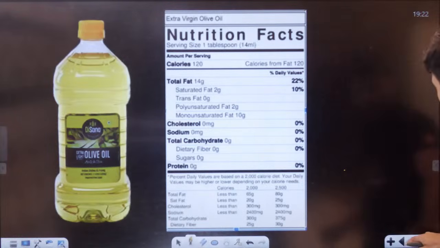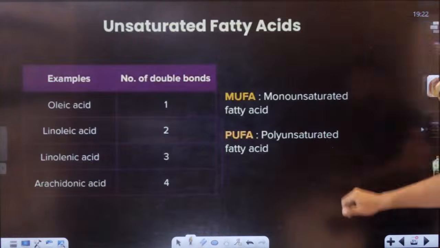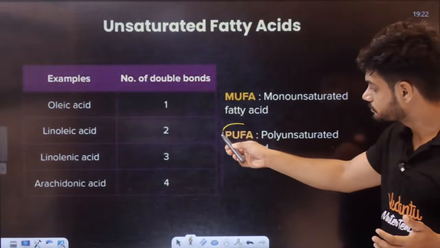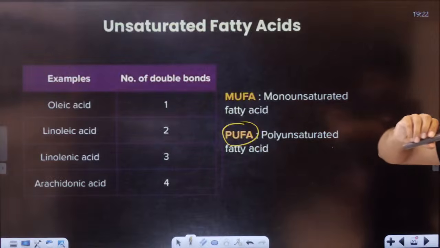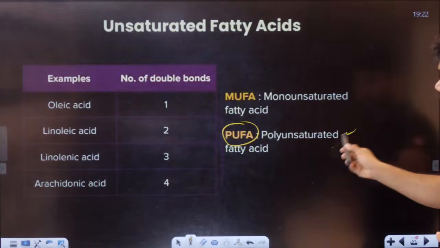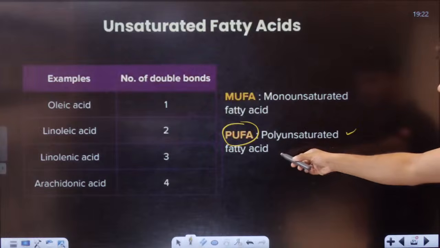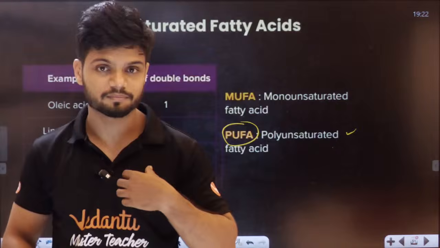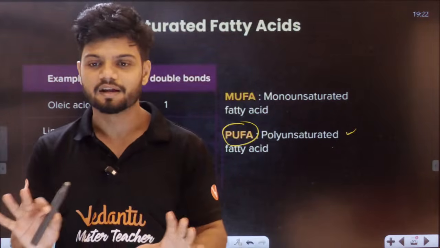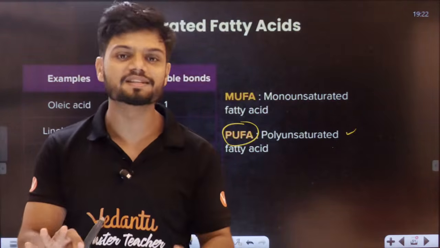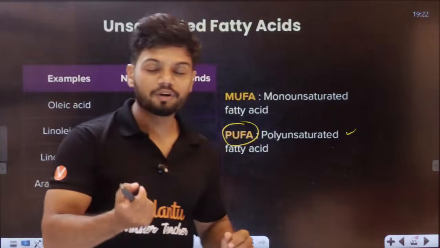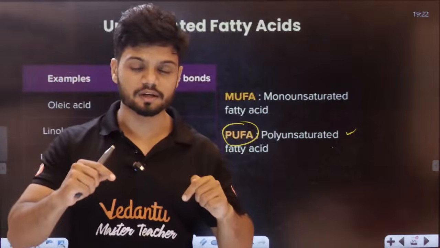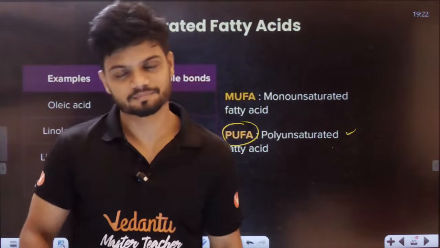Because this olive oil has something called PUFA, polyunsaturated fatty acid, which is very good for our health. It is not purified, nothing like that. It has fatty acids. The only difference is that it has PUFA, and this PUFA will reduce the bad cholesterol in the body. That's the difference.